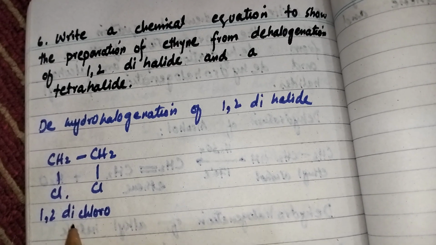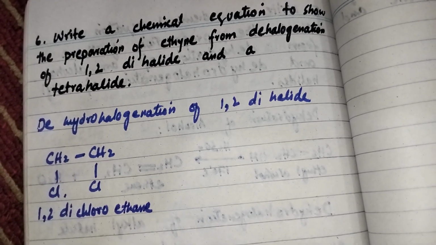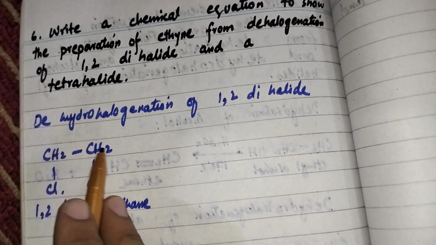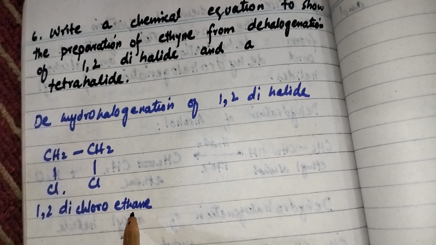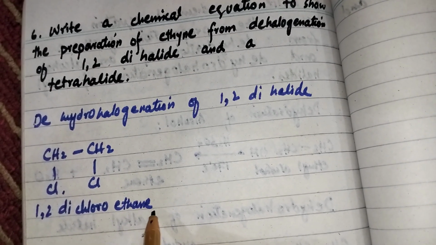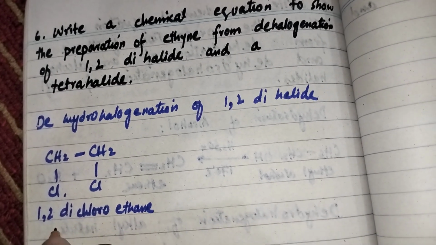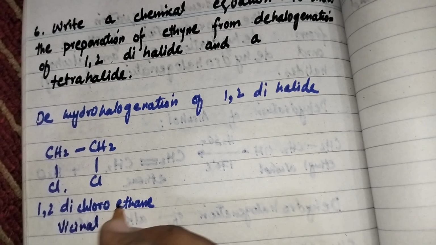So 1,2 dichloroethane means a molecule of two carbon atoms, represented by eth, with a single bond between them, represented by ane. And 1,2 dichloroethane is also known as vicinal dihalide.